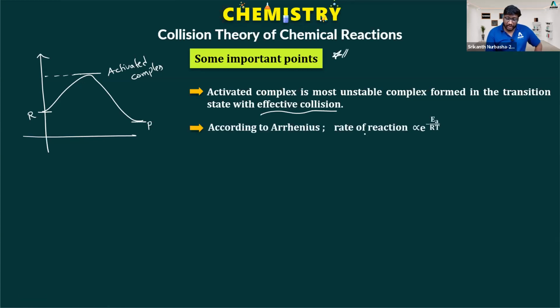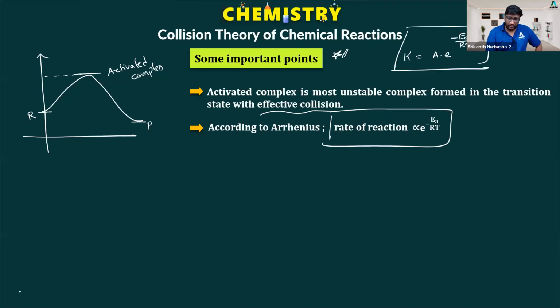According to Arrhenius, rate of reaction is directly proportional to e power minus Ea by RT. This is the Arrhenius equation: k equals A into e power minus Ea by RT. K is the rate constant, A is the Arrhenius factor.